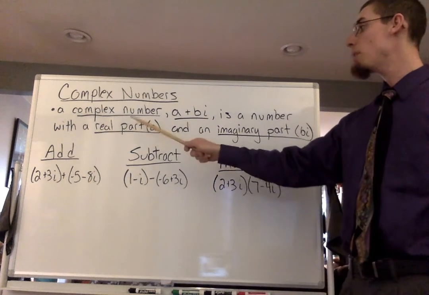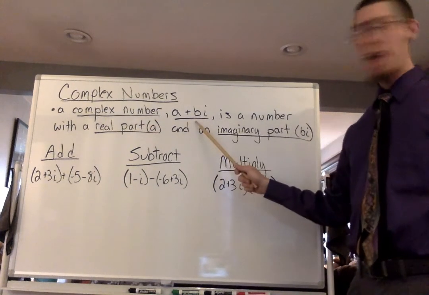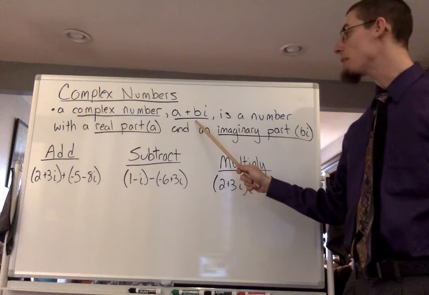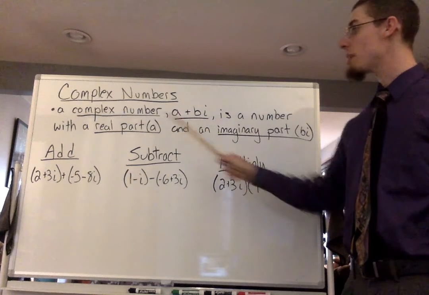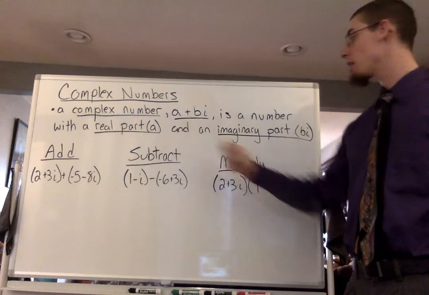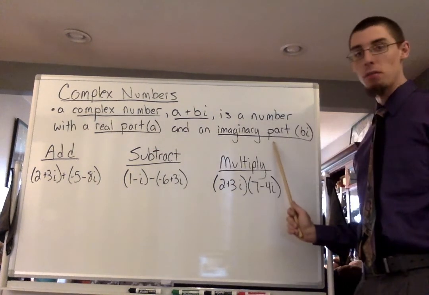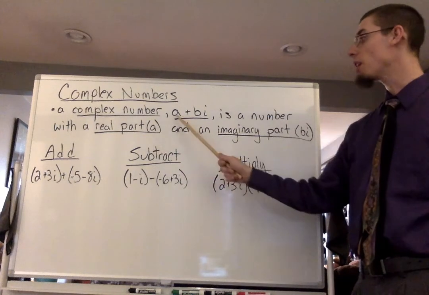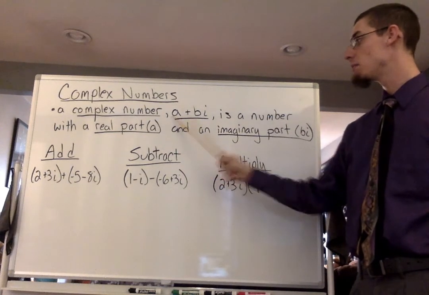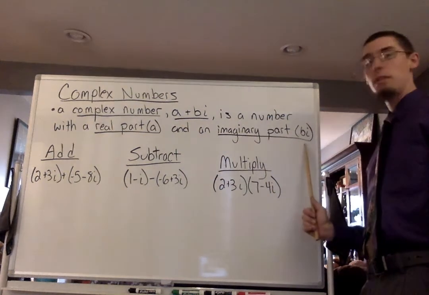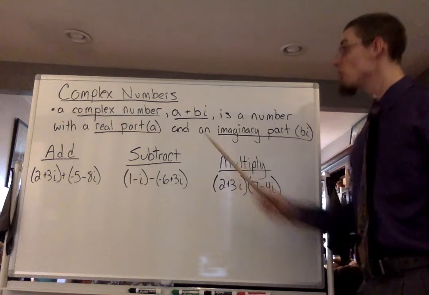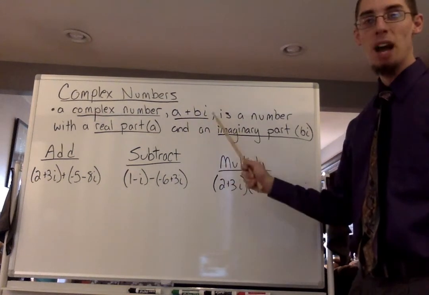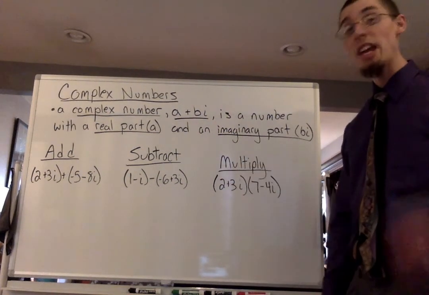A complex number, which looks like a plus bi, is a number that has a real part and an imaginary part. The real part is a, and the imaginary part is the bi. So a plus bi, that's what we call a complex number.